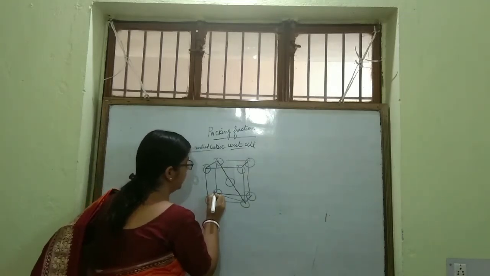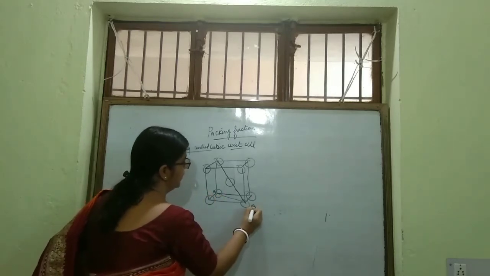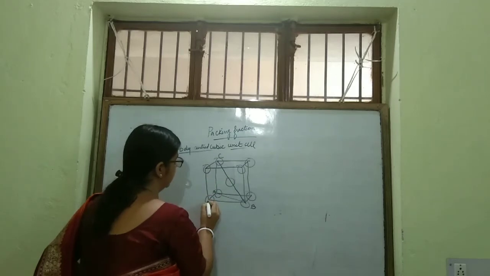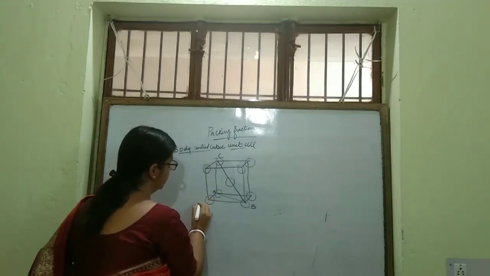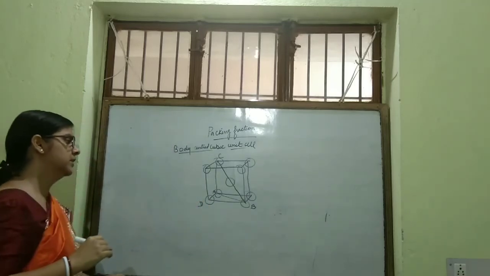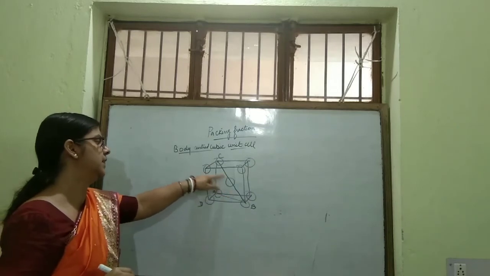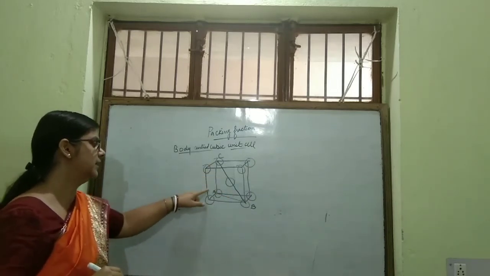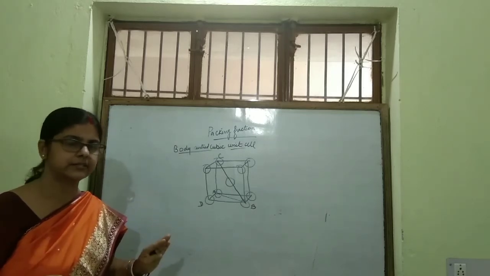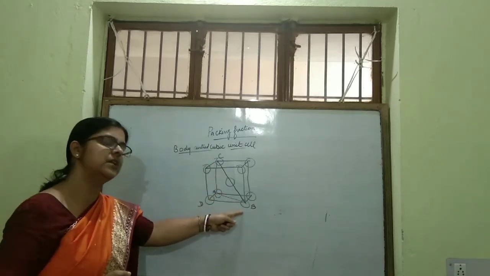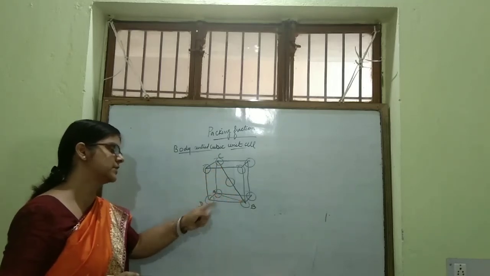I am writing A here, this is B, this is C, and outside this I am writing D. See, one triangle ABC and another DAB. Two triangles are visible? Yes. Two constructions I have done: simply I have drawn the body diagonal and another line here.